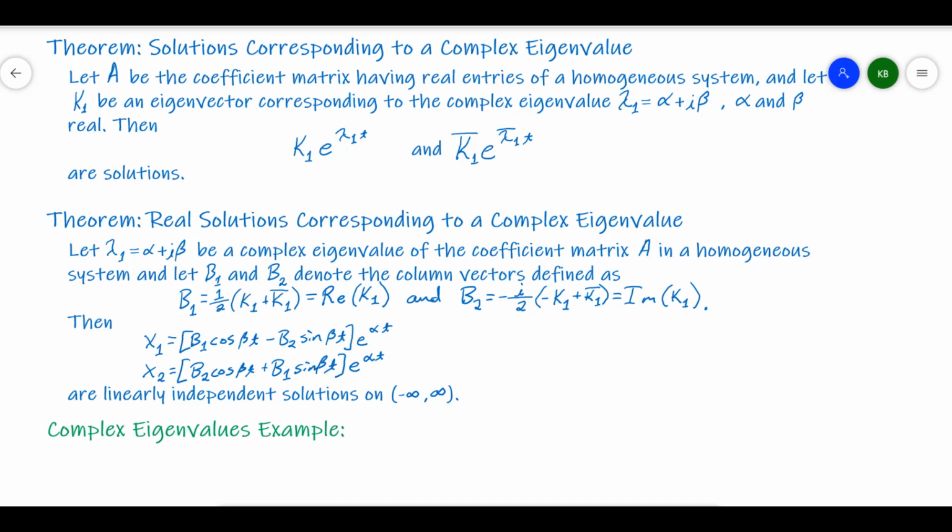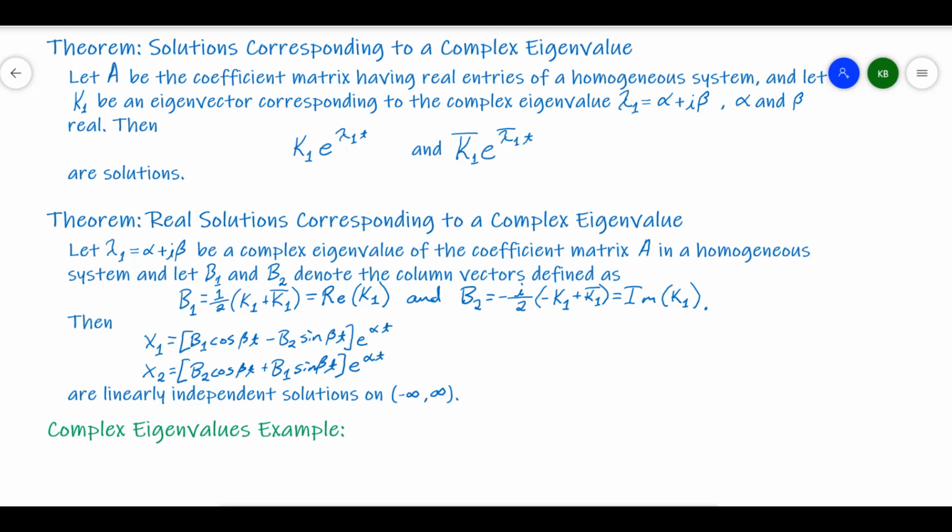Now we're going to define B1 and B2 to be the column vectors, where B1 equals 1/2 of our k1 plus the conjugate of k1. What that really is doing is giving us the real part of k1. And B2 is negative i over 2 times k1 minus the conjugate of k1, which is really just giving us the imaginary part of k1.